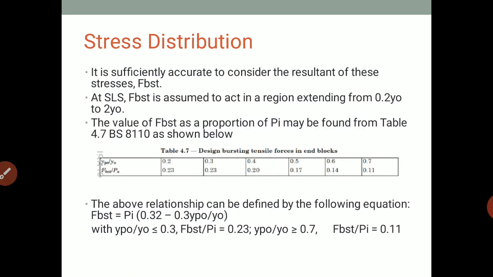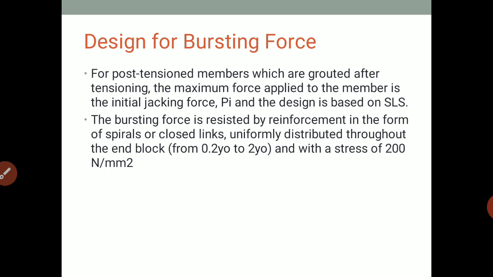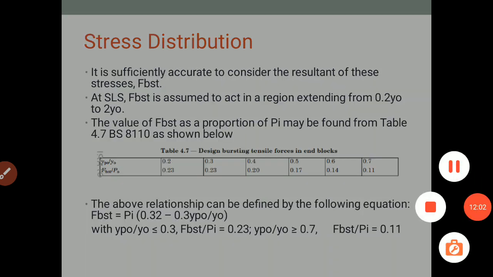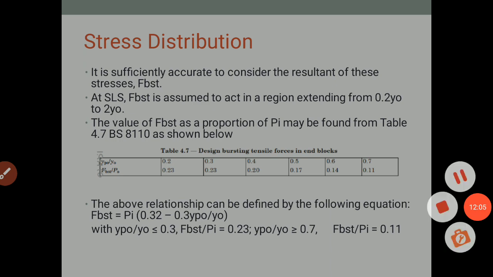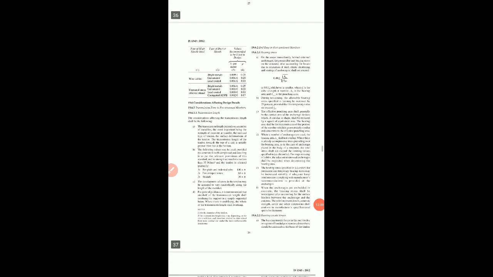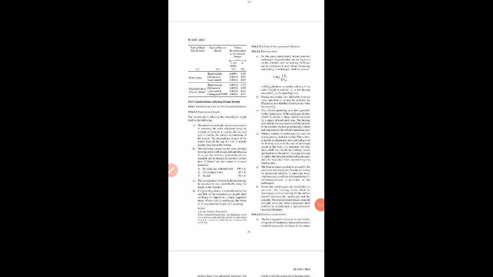Now we'll see the IS code clause for the bursting force and for the end block. I'll go with the IS code. So this is IS 1343:2012, page number 26. Here we have the clause for bursting stress and transmission length for our end block in a post-tension member.